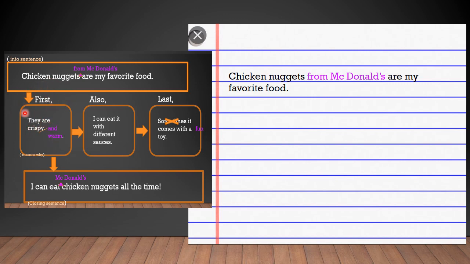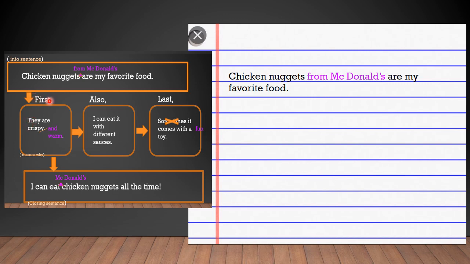Now notice how here on my flow map, transition word first has a comma right after it. That's because after every transition word, we want to pause for a second, catch a breath, and then go on with our main idea. So I have to have this in my writing too. Now, because first is my first word of a sentence, they does not have to be capital.